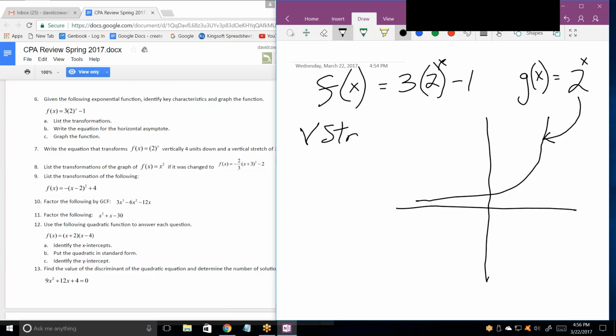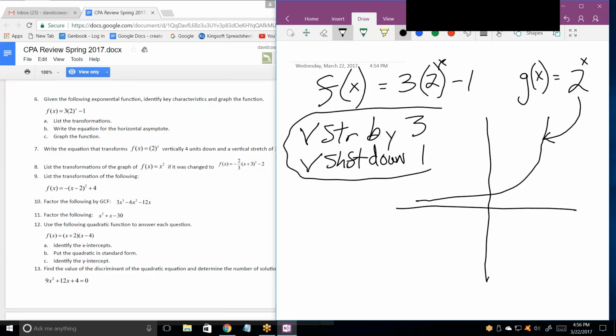Because you can have horizontal stretches also. So you have to specify whether it's vertical or horizontal. What else is happening? There's a vertical shift down 1. Down 1. Perfect. That's exactly the way you want to answer A.